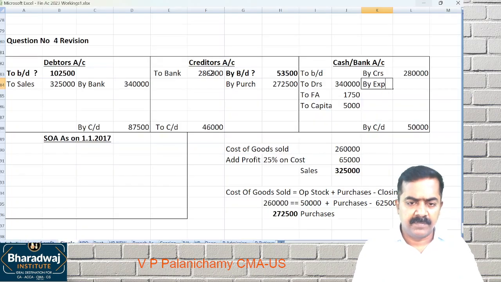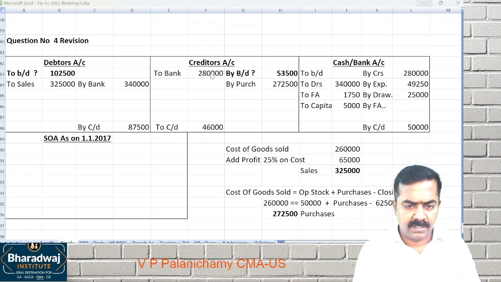Expenses paid. Expenses paid is given. What is expenses paid given? 49 to 50 is given. Then by drawings, how much is given? 25,000 given. Then by fixed asset purchased. Fixed asset purchased for how much?